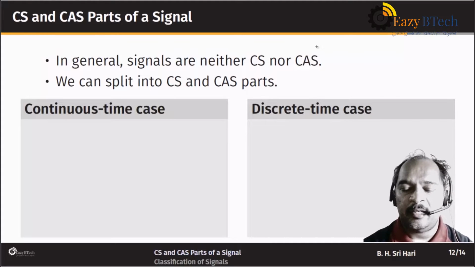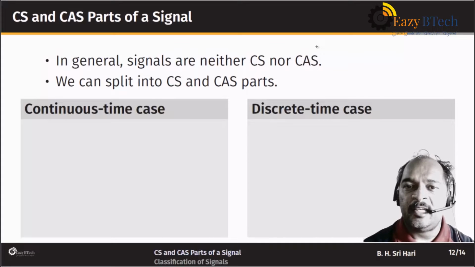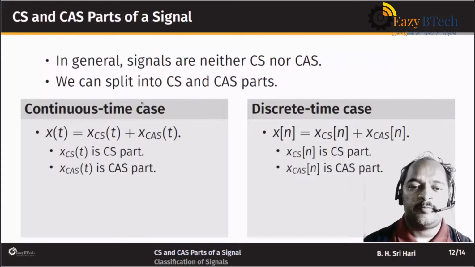For the continuous time case, we can split the signal x of t as xcs of t plus xcas of t, and the same is the case for discrete time. We can split our signal x of n as xcs of n plus xcas of n.